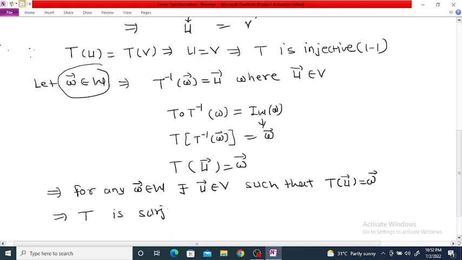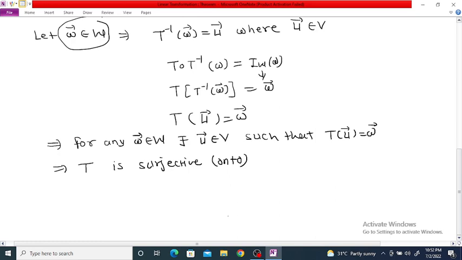This mapping is surjective, that is, T is onto. Since T is 1-1 and onto, this implies T is bijective.